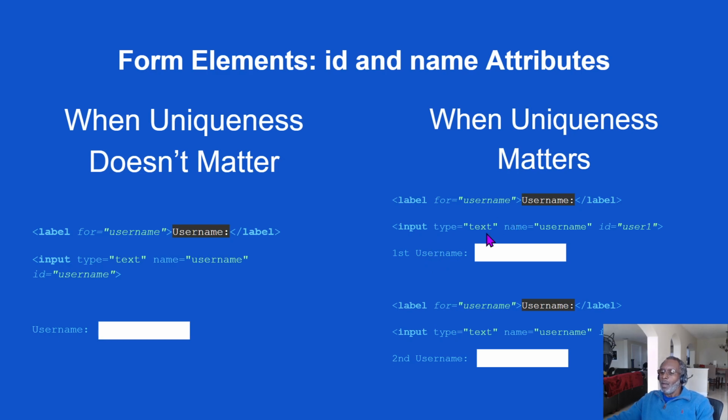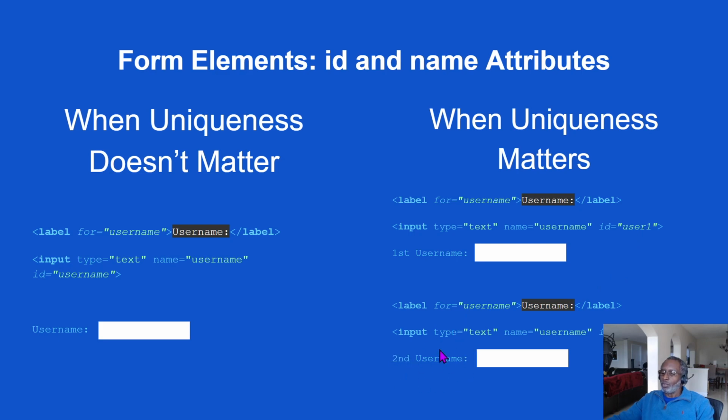So when we put together our attributes, name can be username, but ID has been changed to user1. And what this allows us to do is to go back and pull that data later under user1. We can find out who user1 is.